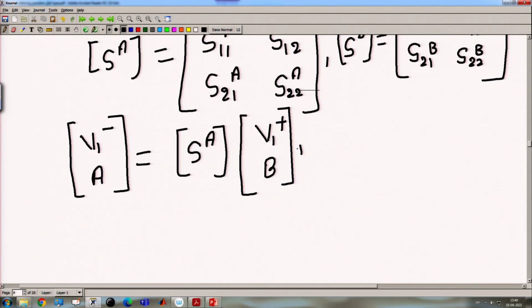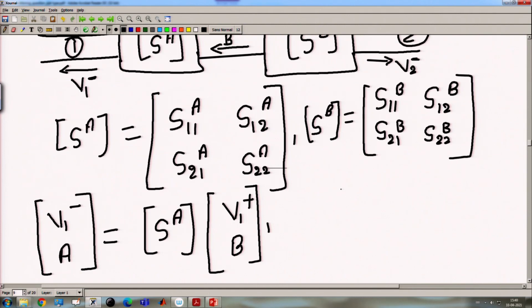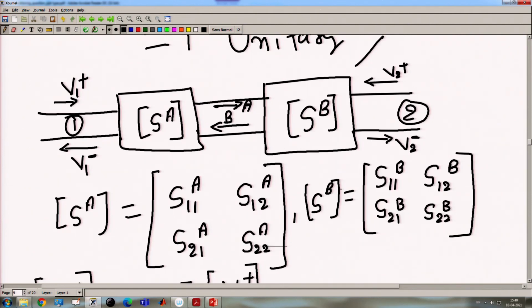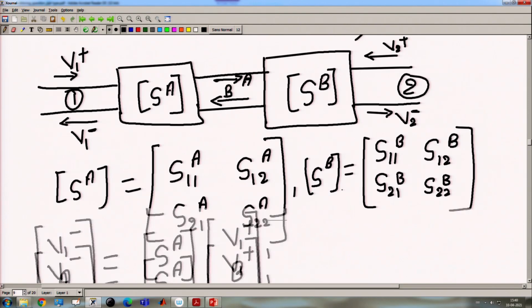Also for the second part, A is the first incoming for the second network, B is the first reflection, and V2 minus is the second reflection.